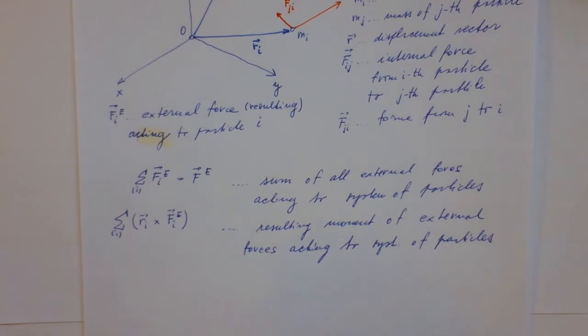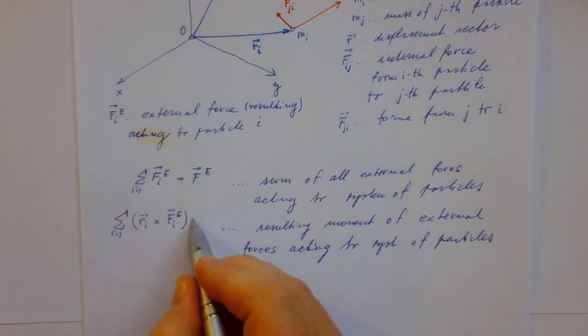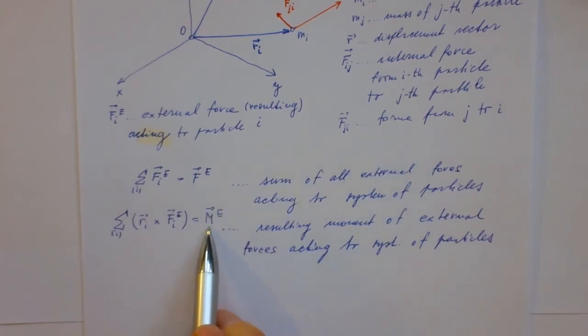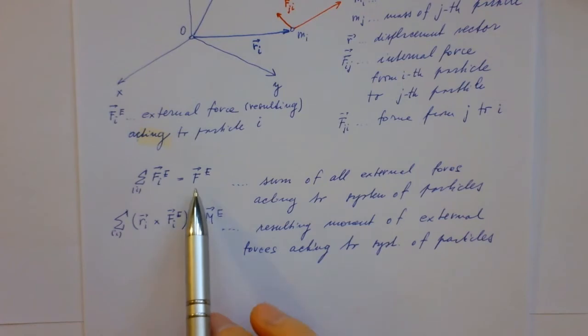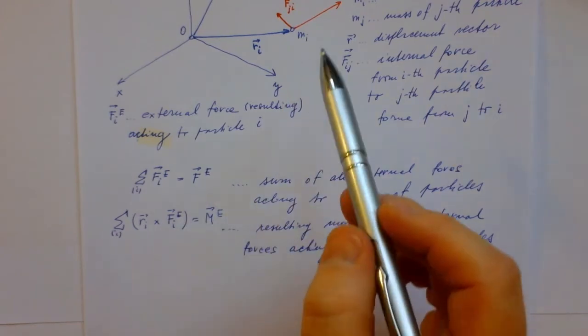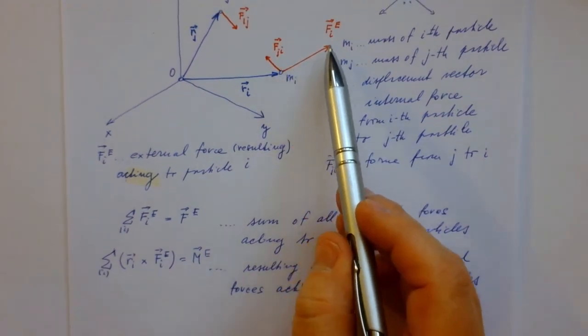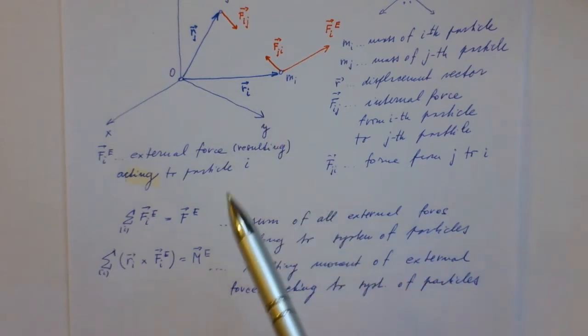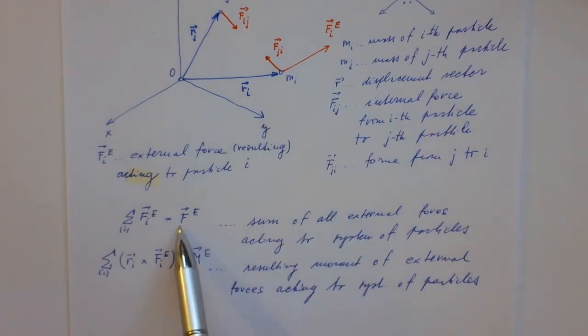So we can say that this is ME, a resulting moment of external forces, and this is the resulting external force. So if we have many external forces, we can sum them, and this sum we denote as a resulting external force.